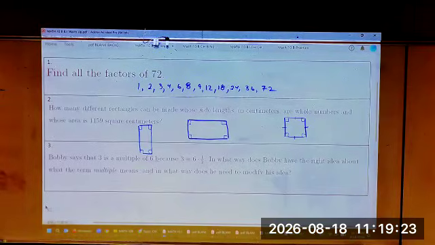You can't have a negative side. So whole numbers don't include decimals or fractions. Whole numbers are just 0, 1, 2, 3, 4, 5, nothing in between. So you're not going to have 4.3. You're not going to have 4 and 1/2 or 4 and 1/4 or any of that.